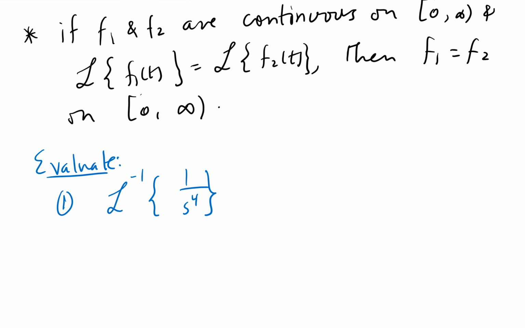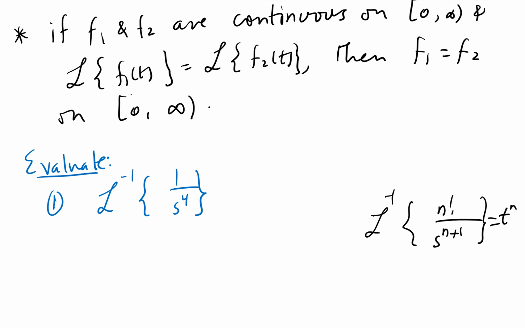So from the forms I presented earlier, we said the inverse Laplace of n factorial over s to the n plus 1 equals t to the n, if you remember.